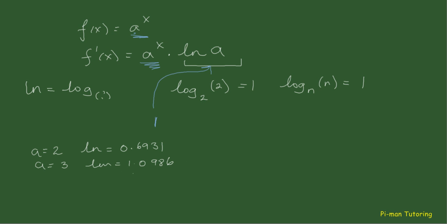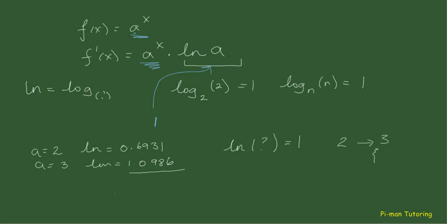And we're looking for the case where the natural log of some magic number is equal to 1. So we can see that it's somewhere between 2 and 3, and probably closer to 3 based on this 1.0986.